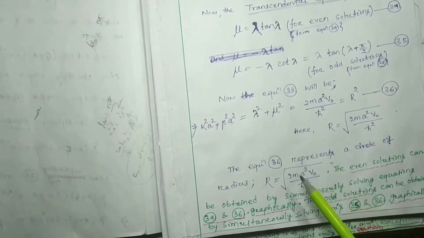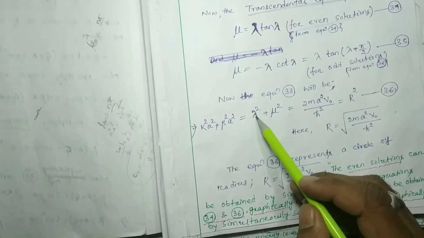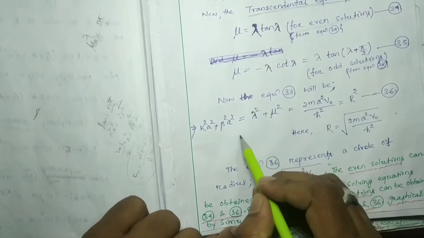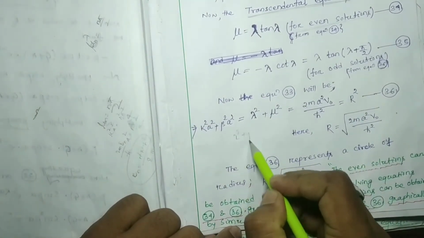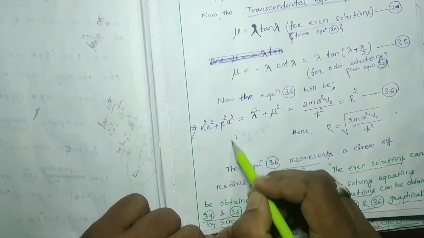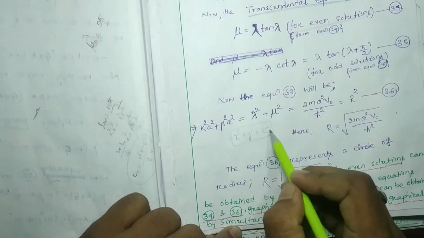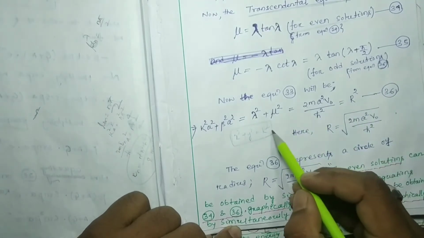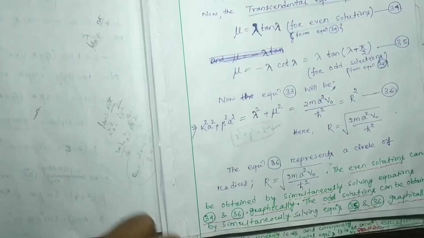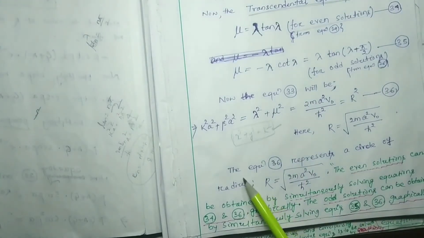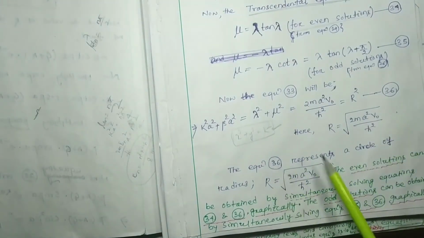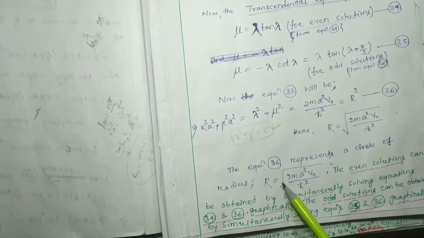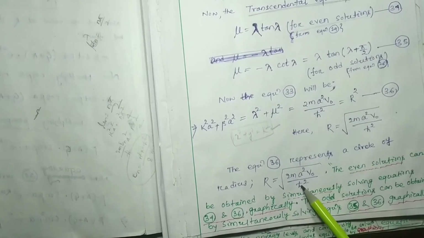Now from 36 you can see that lambda square plus mu square is equal to r square. That means it is like the equation x square plus y square is equal to r square, looks like a circle equation, right? The equation number 36 represents a circle of radius r, where r square is 2m a square V0 by h cross square.